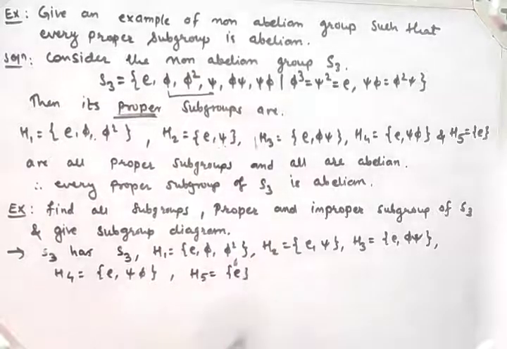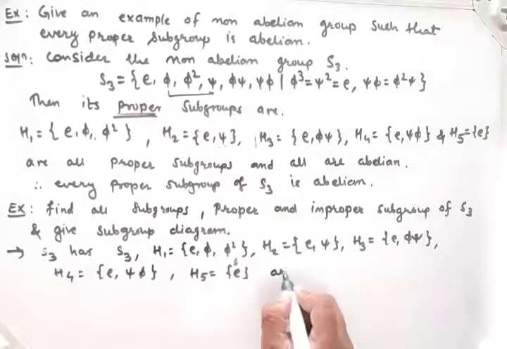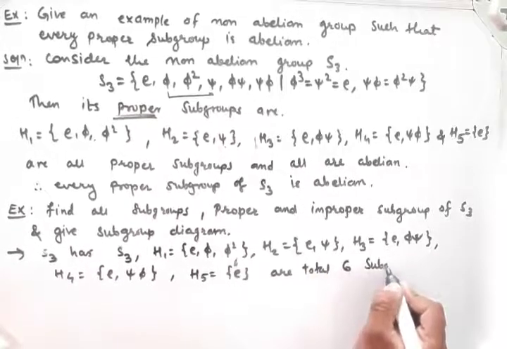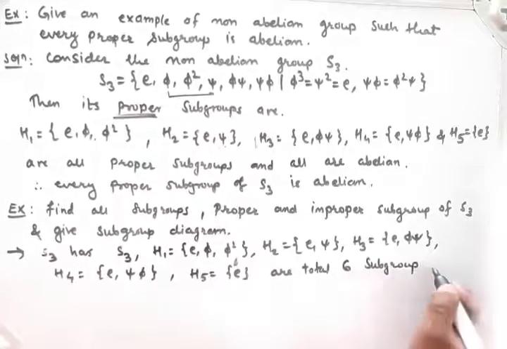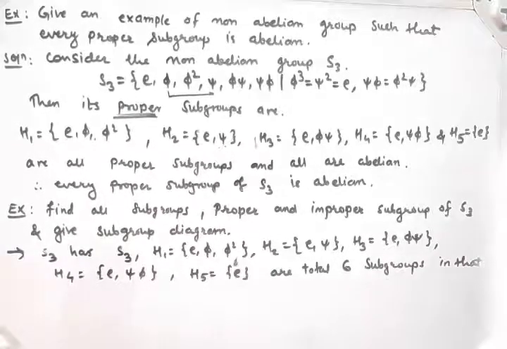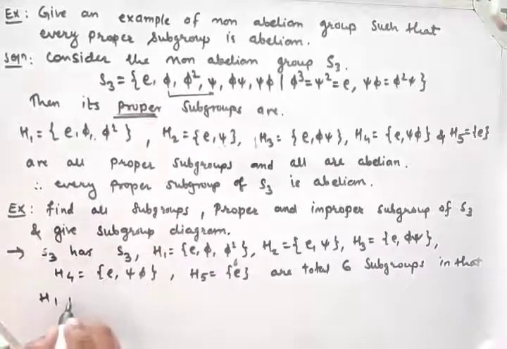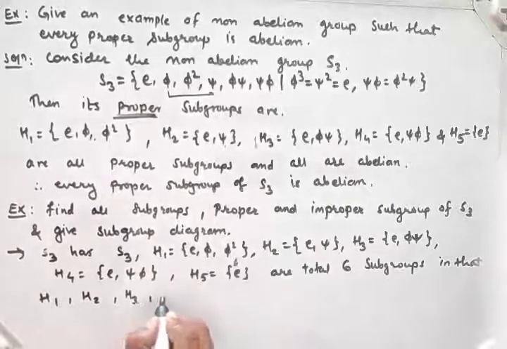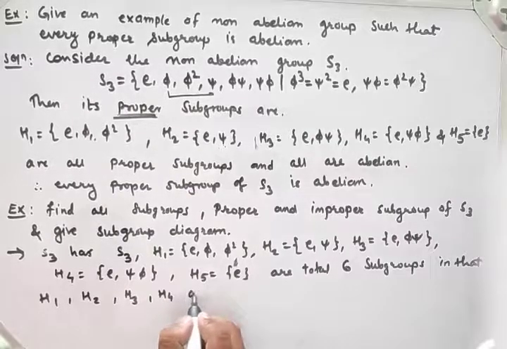So there are in total 6 subgroups. In that, what are the proper ones? H1, H2, H3, H4 are proper subgroups.